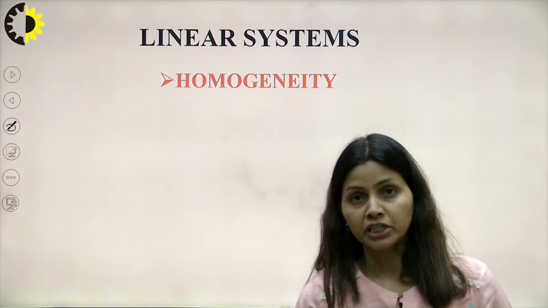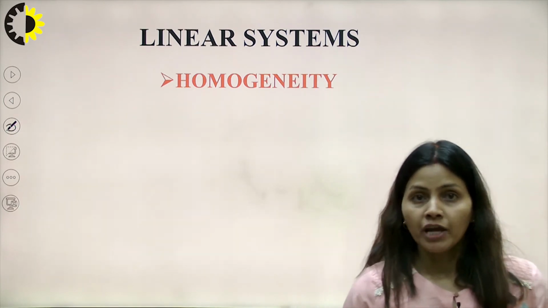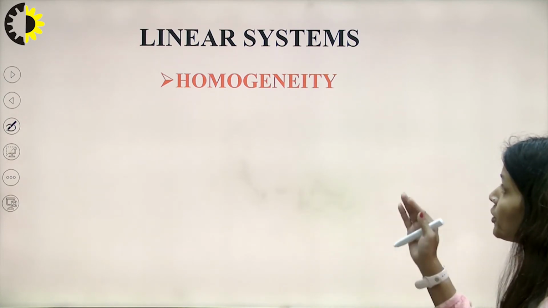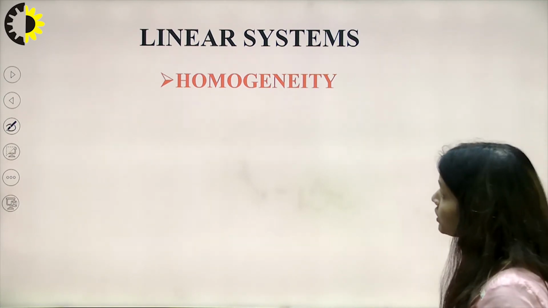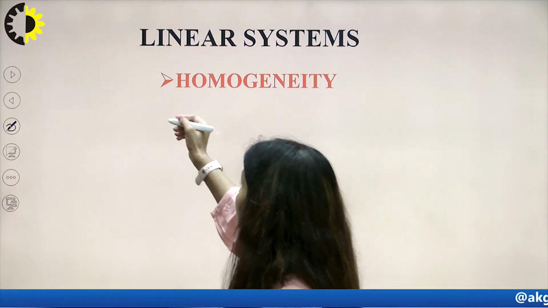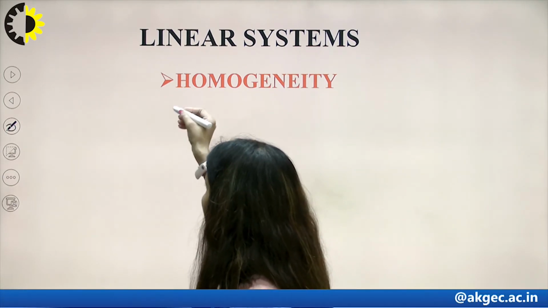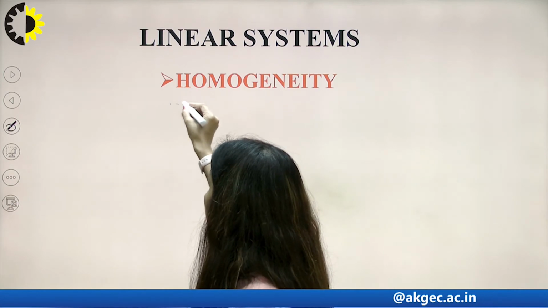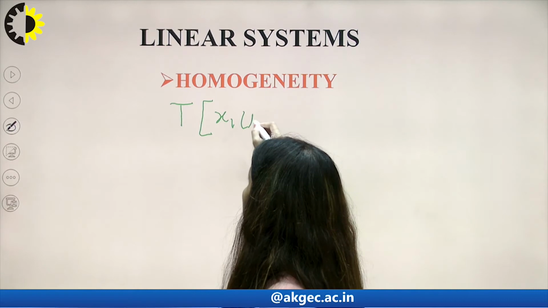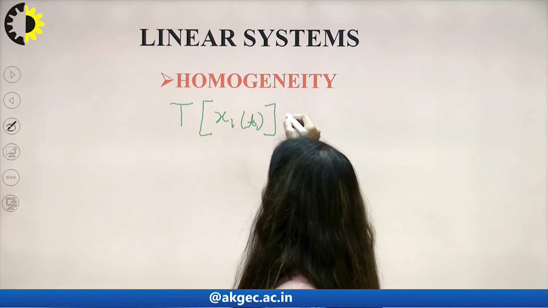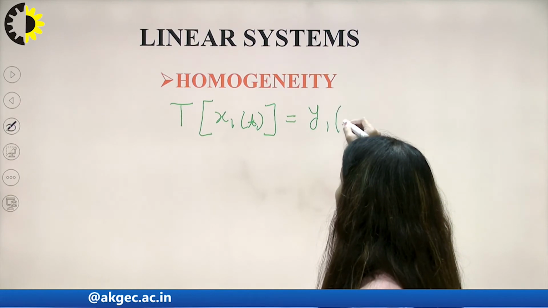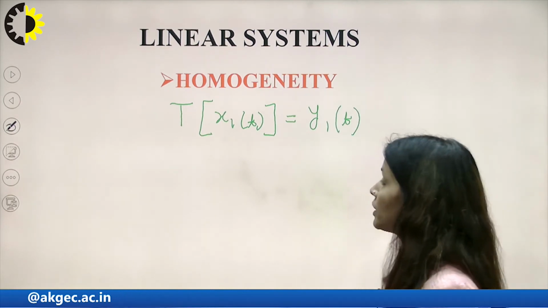What is the homogeneity property? We have understood the property of additivity. Now, we will focus on the property of homogeneity. Let us say I take one system T, with any input x1(t), and the corresponding output is y1(t).